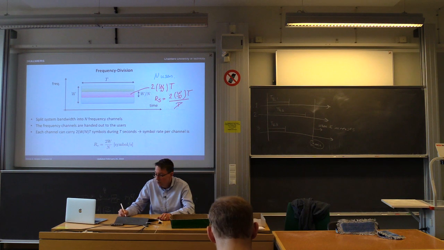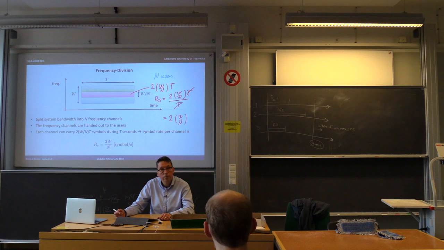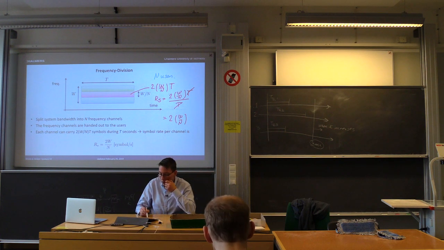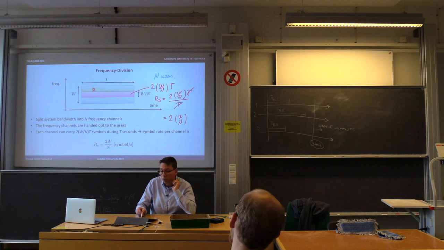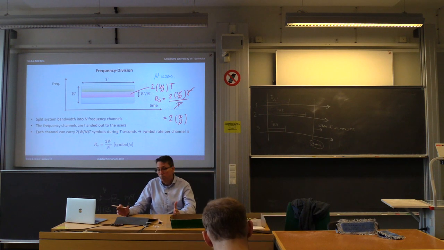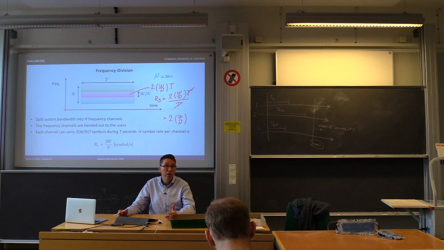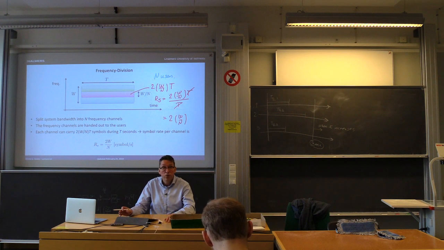So we can remove the t's, and then the symbol rate is 2W over n. So the supported symbol rate is 2W over n. This is used for medium access where the access is basically fixed over time. For instance, FM broadcast radio, TV broadcast radio, you get your frequency, you keep that for years and years and years.